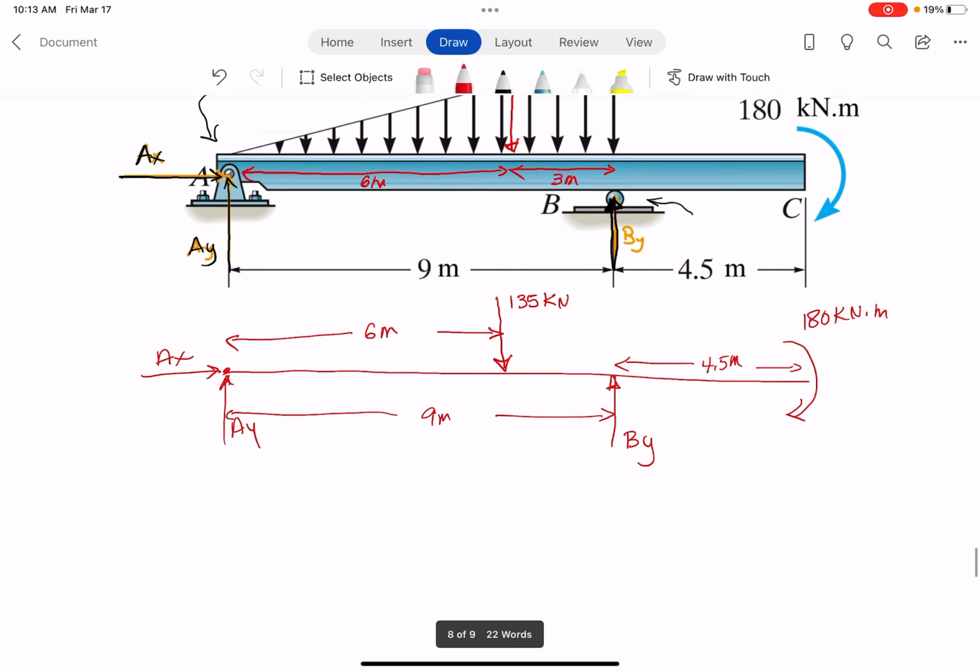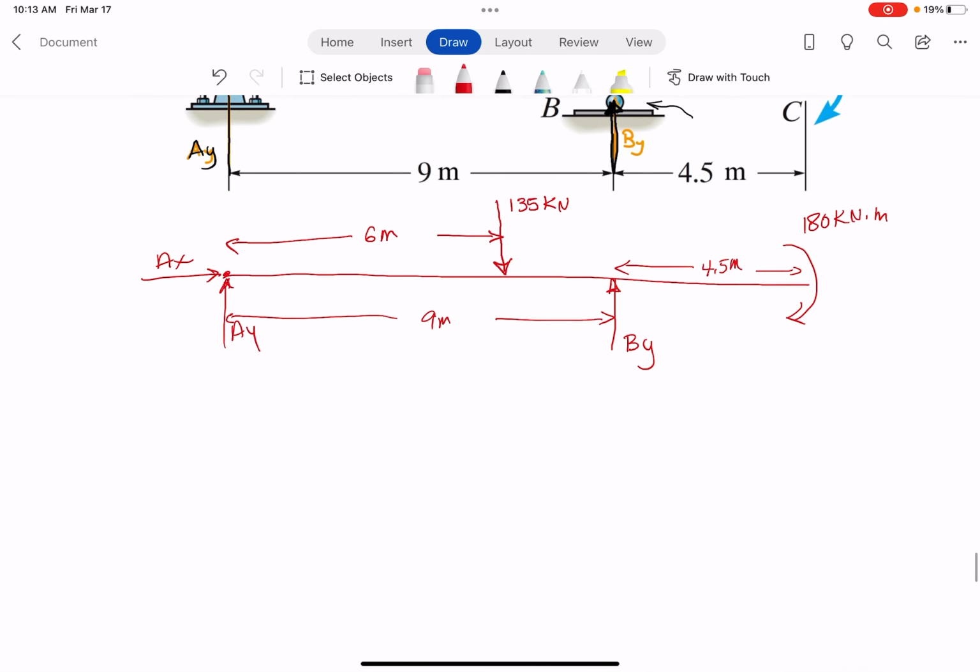Okay, as we mentioned in class, what he wants right now is AX, AY, and BY. The first thing he should do is take moments at the point with too many unknowns. So the point where there are too many unknowns is this point. So we should do summation of moment at A equal to 0.